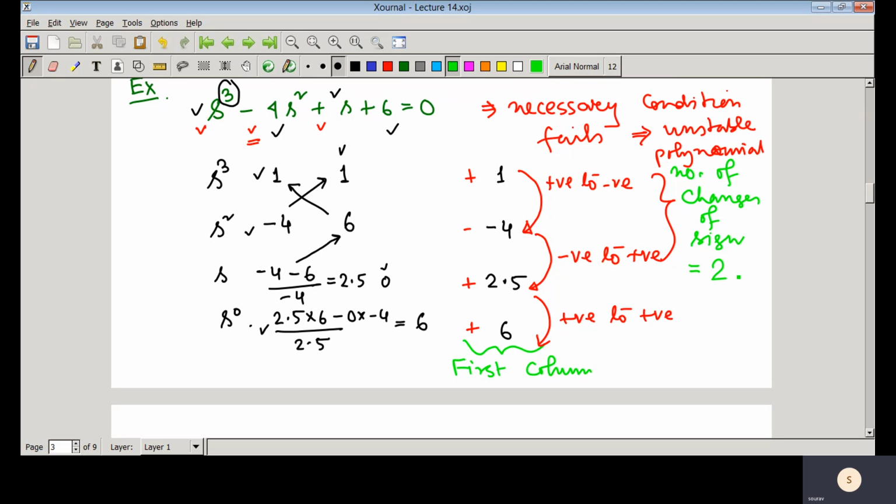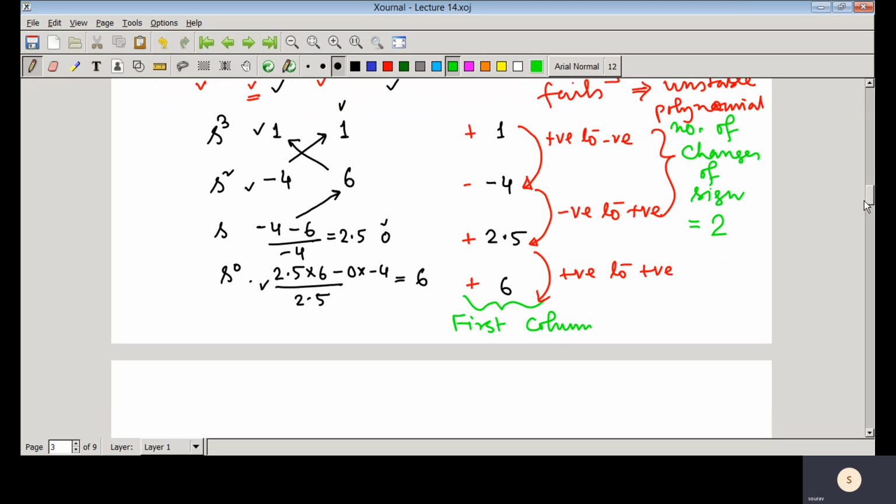So according to the Routh-Hurwitz criteria, 2 roots are in the right half of the S-plane. So 2 roots are in RHP.